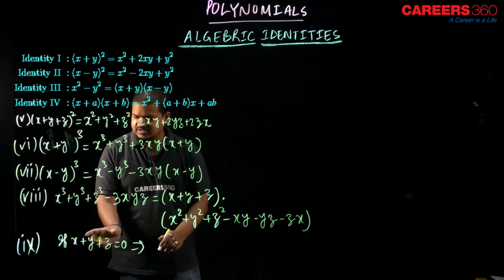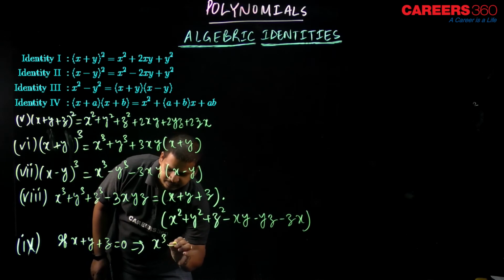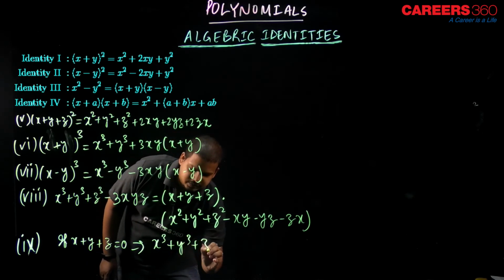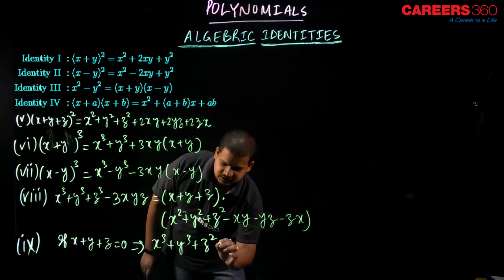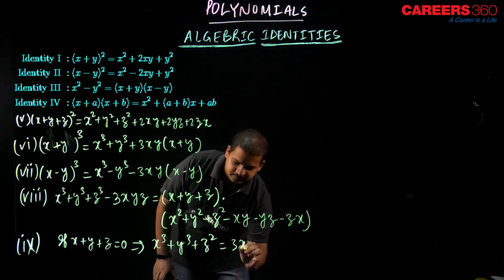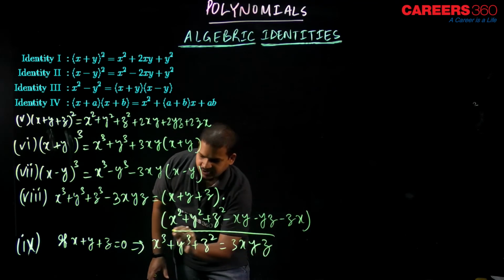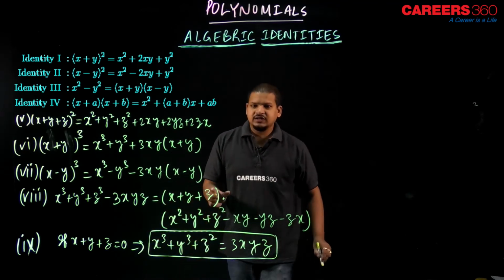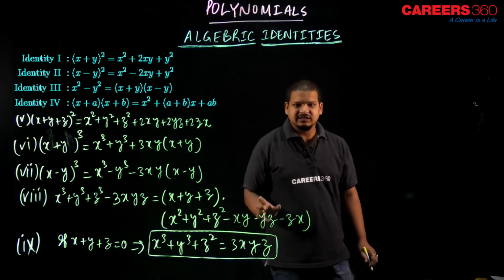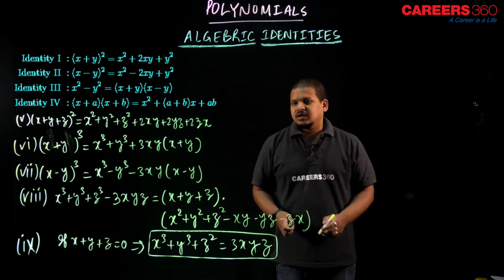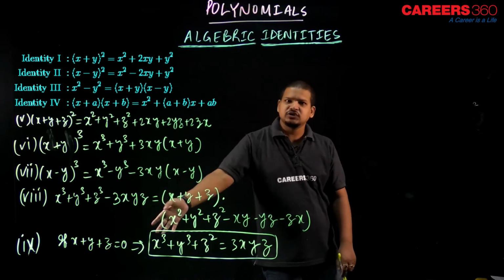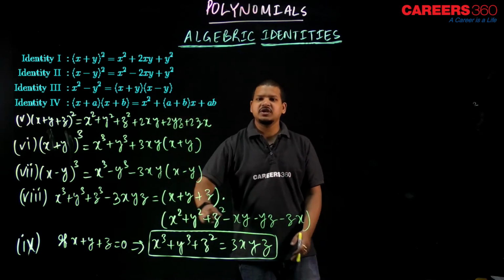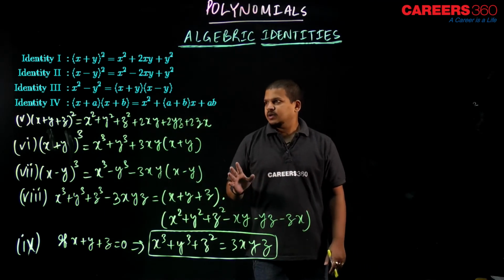If x plus y plus z is equal to 0, then what would it become? x cube plus y cube plus z cube. Since our RHS will be 0, this minus 3xyz can be put on the RHS, and our final result will be like this, right? So these are our 9 identities. Rather, 9 is the extension of the 8th one only. So 8 primary identities we have, right?